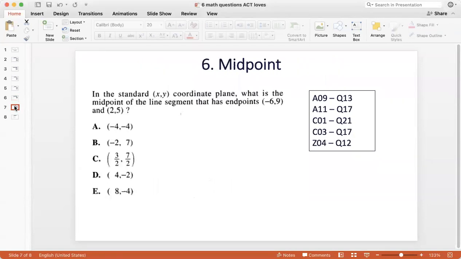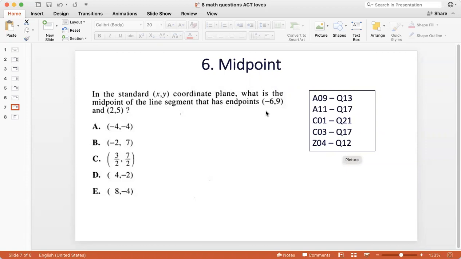And then the sixth question type that the ACT math section loves is the midpoint of the line joining 2 points. So this was 5 questions in my analysis. So the simple thing is you have the endpoints given.